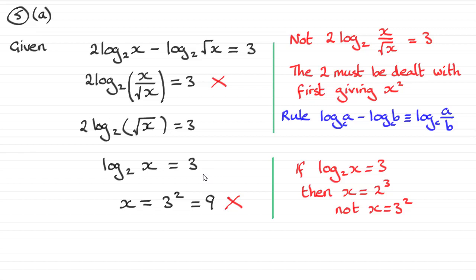What it is that x would be equal to the base 2 raised to the power 3, not 3 squared, okay, as I've tried to demonstrate here. So if you've got the log of x in base 2 equaling 3, then it's x that equals the base 2 raised to the power 3, 2 cubed, okay?